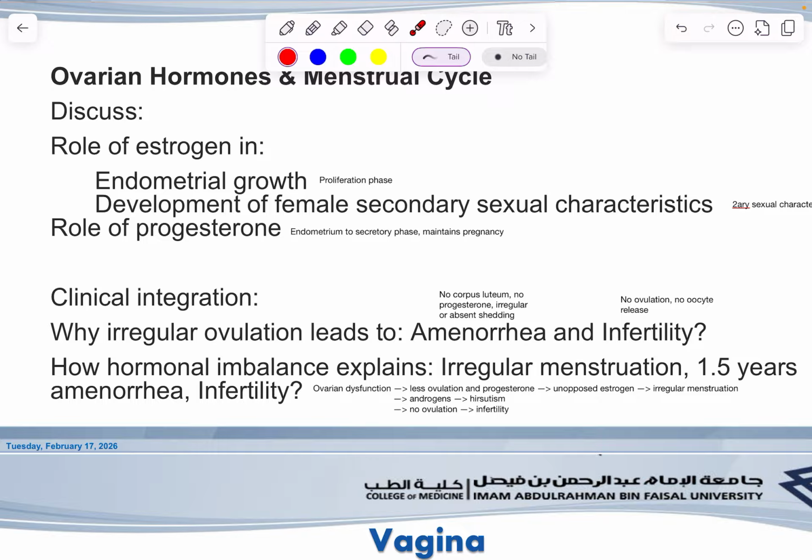The estrogen becomes unopposed, and so menstruation becomes very irregular because it is tightly regulated by estrogen and progesterone together. Regarding hirsutism, there's an increase in androgens, and when we have no ovulation, this will cause infertility.